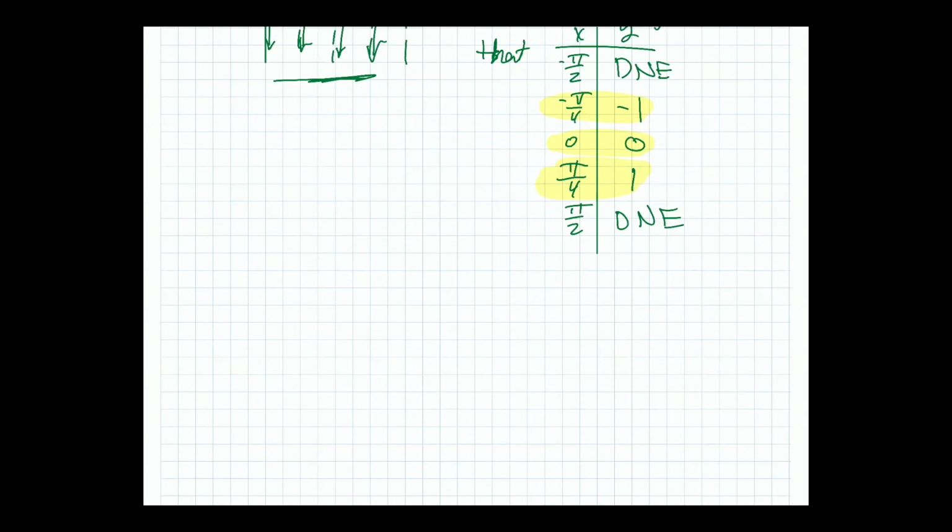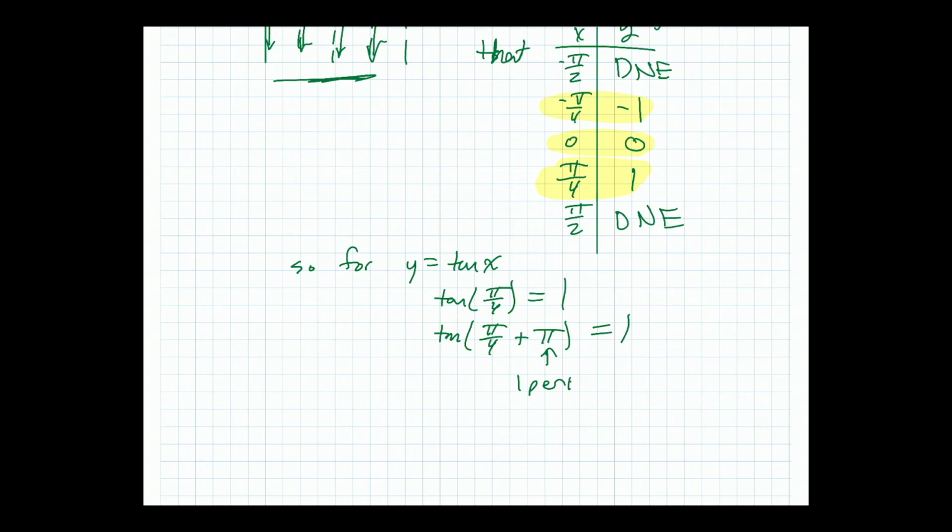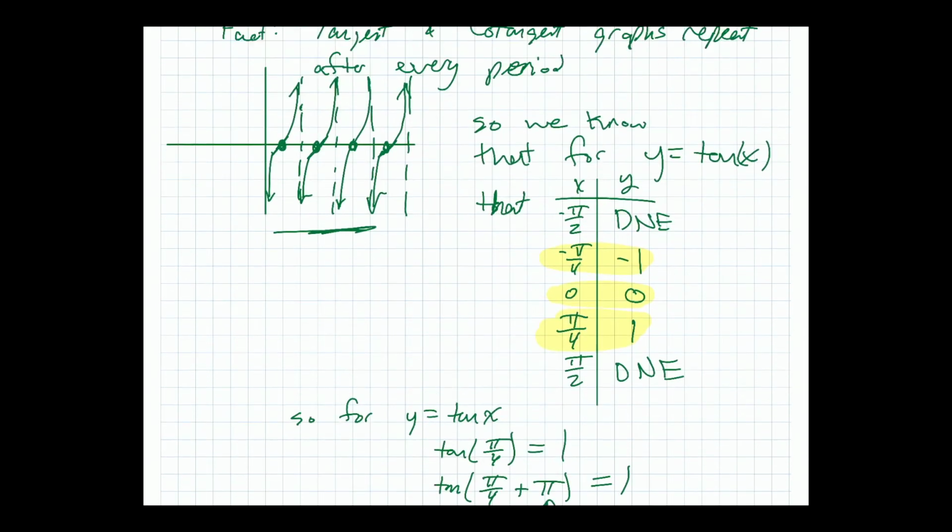And so you would be able to say, for y equals tan x, tangent pi over 4 equals 1. But tangent of pi over 4 plus pi also equals 1. Why? Because this is one period away, and the graph repeats.